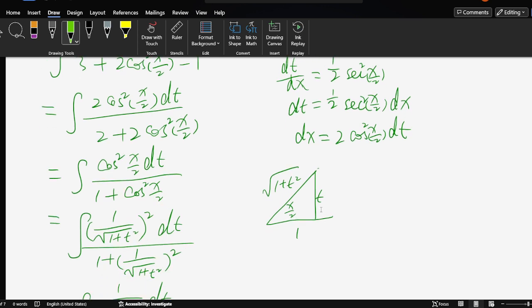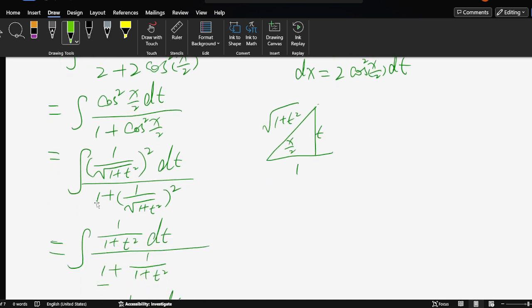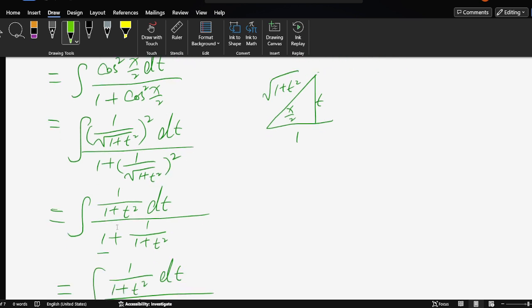So according to this right triangle, cosine x over 2 is 1 over the square root of 1 plus t squared. And the denominator is 1 plus 1 over the square root of 1 plus t squared. Then we simplify here.